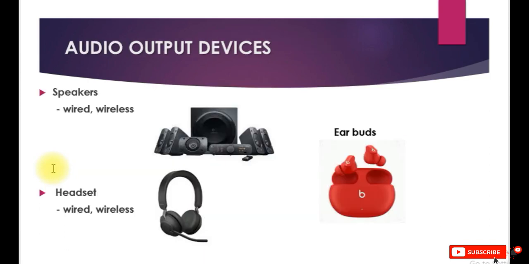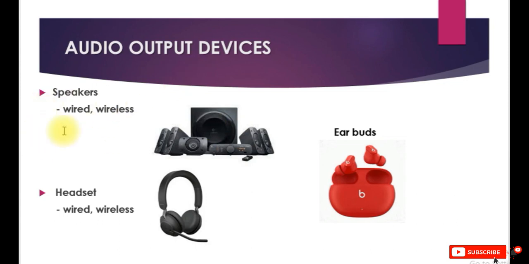These are some pretty common audio output devices that most of us should be familiar with. So here you're looking at a speaker system, and where speakers are concerned, they come in different sizes and different shapes, so essentially they're different form factors.